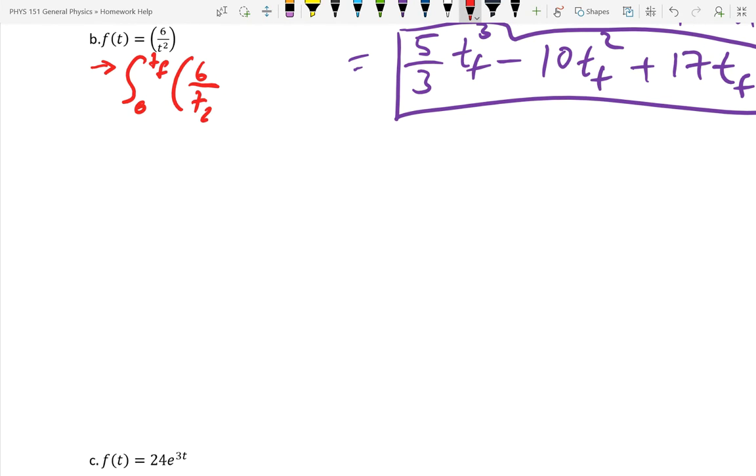Oh wait, whoops, that's not what I wanted to do. Okay. And then I just put the arrow here to signify that I'm moving down. So first I'm going to take out the constant 6. And I'm just simplifying right now.